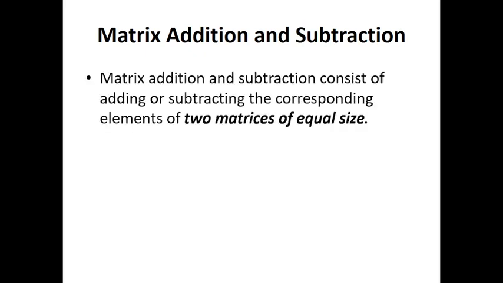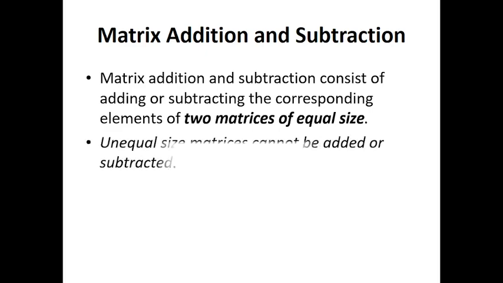So for matrix addition and subtraction, it consists of adding or subtracting the corresponding elements of two matrices of equal size. Unequal size matrices cannot be added or subtracted. Okay, so the corresponding elements can be added.